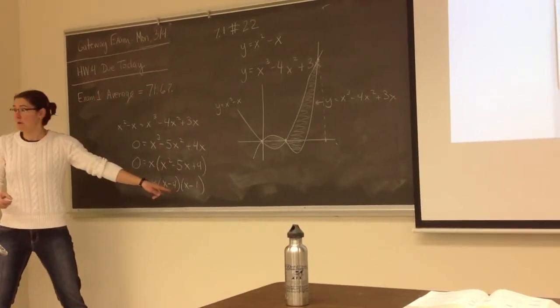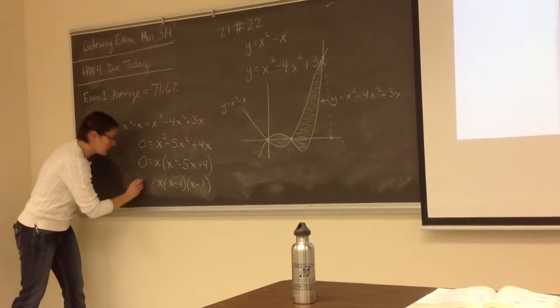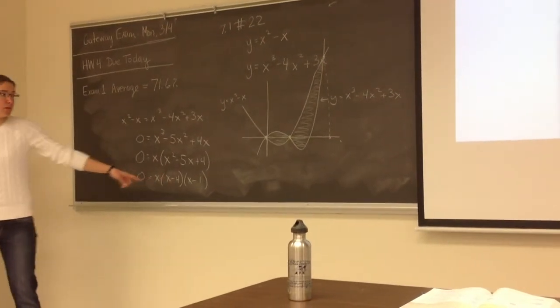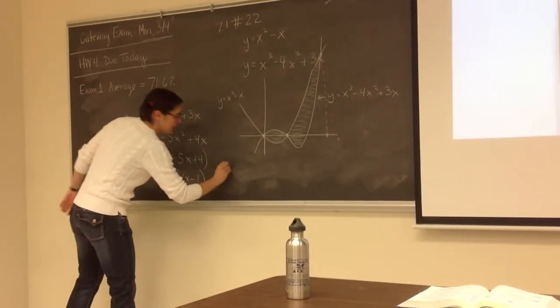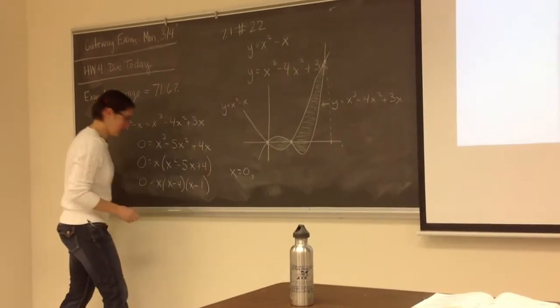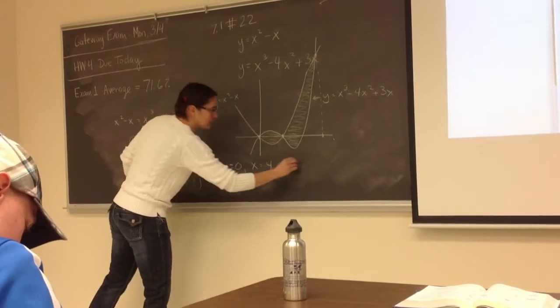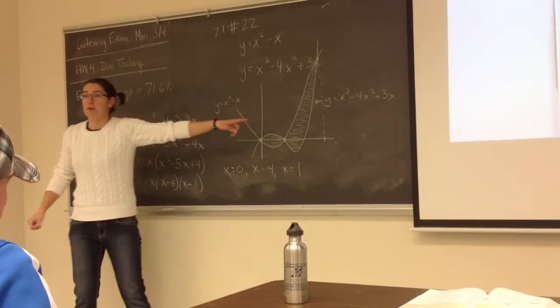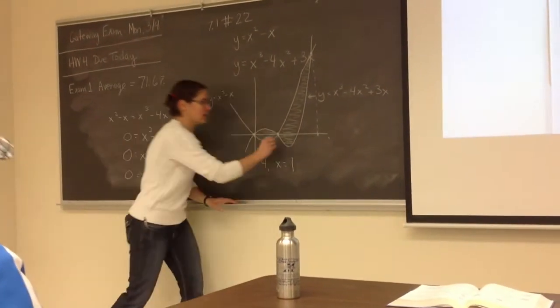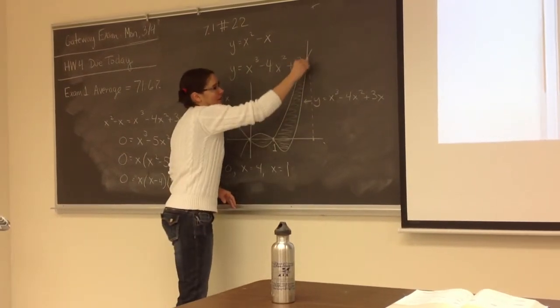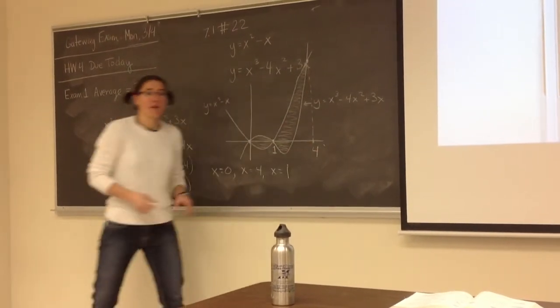You can double-check that it works. So we end up with 3 roots: x equals 0, x equals 1, or x equals 4, which makes sense from the picture as well. Here's x equals 0, here is x equals 1, and the last intersection point is over here at x equals 4.